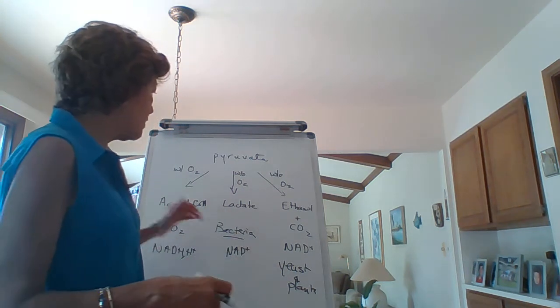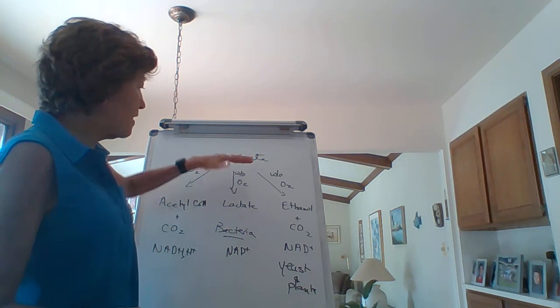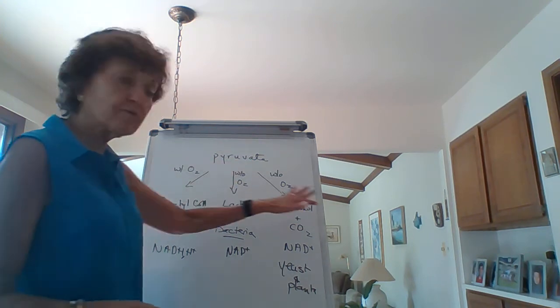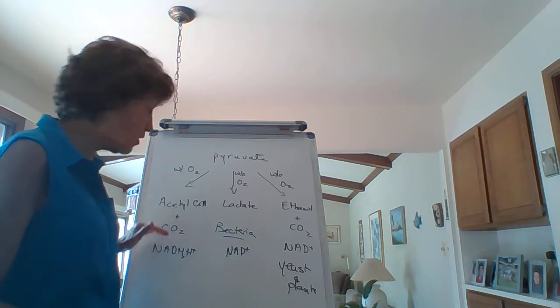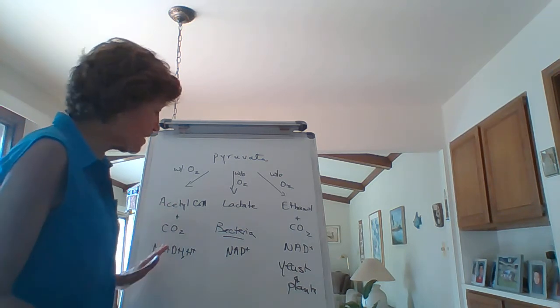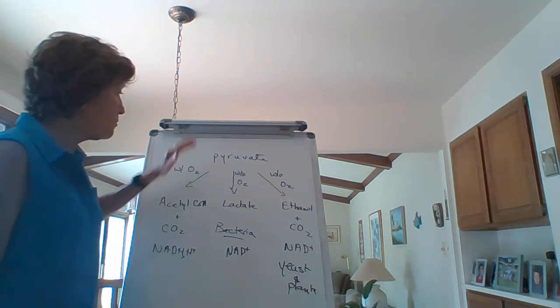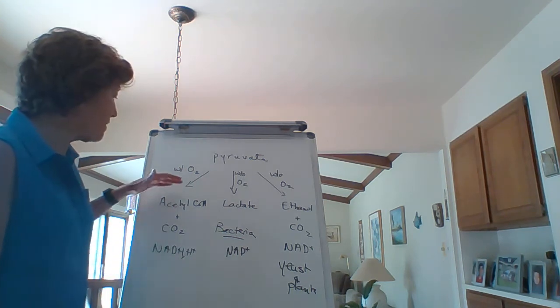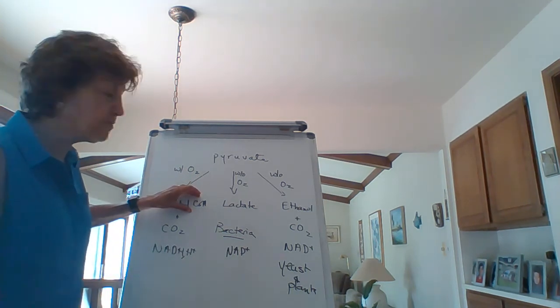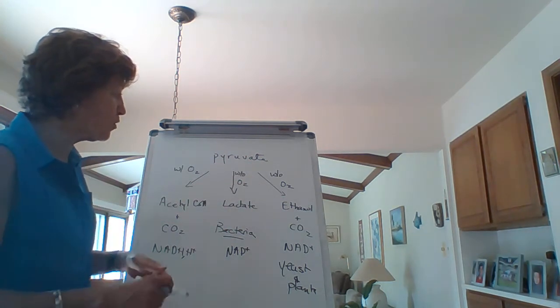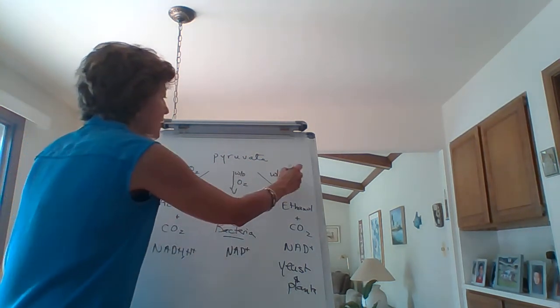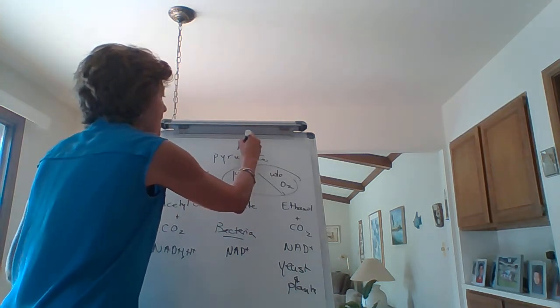All right, so what you need to know is that the fate of pyruvate is several different fates. If there's enough oxygen, we're going to turn it into acetyl-CoA and carbon dioxide and NADH. Remember, everything is doubled. And then this goes into the Krebs cycle. If it's without enough oxygen, in an anaerobic condition, so the term without oxygen is anaerobic.